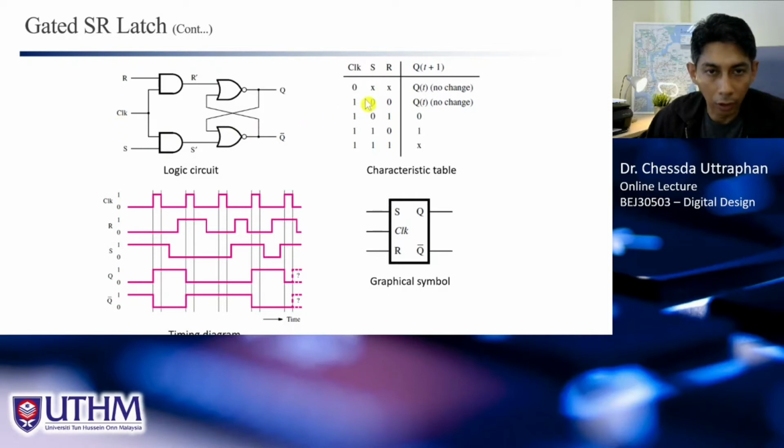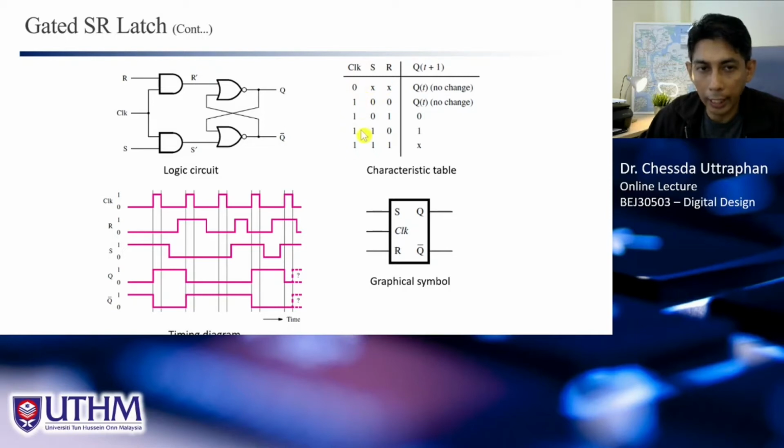If the clock is 0, or not active in this case, the output Q has no change, and it does not depend on S and R anymore. It will always be no change. So S and R are don't care if clock equals 0.